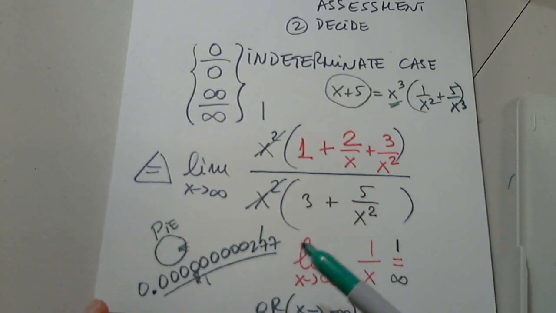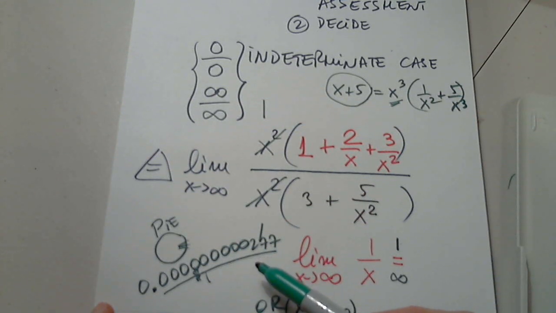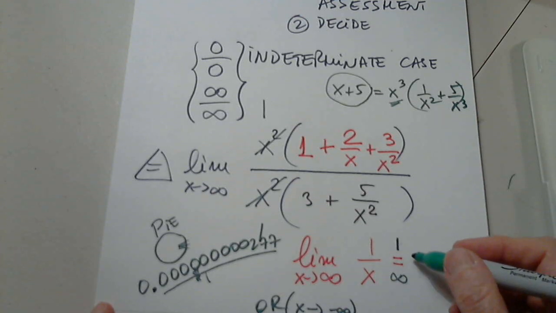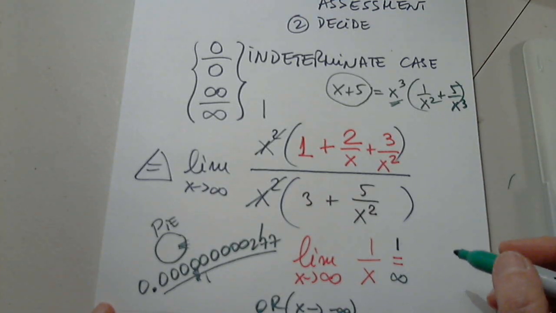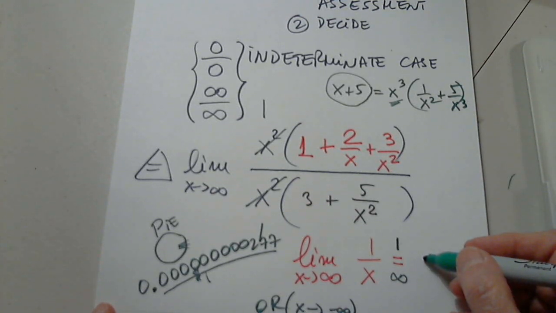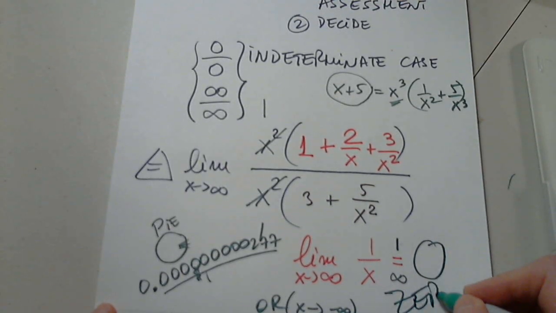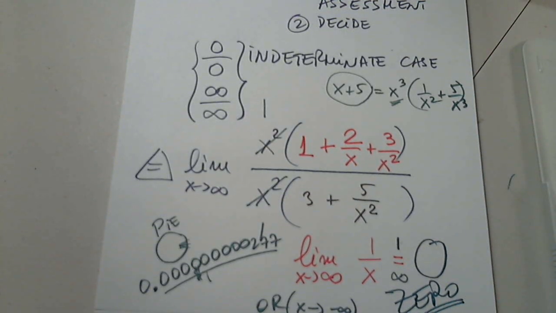Are you a millionaire from this? So what is the answer when I divide 1 by millions and millions and billions? 0. Thank you. 0. Nothing. Nada. Nothing. Absolutely nothing. 1 divided by huge is nothing.